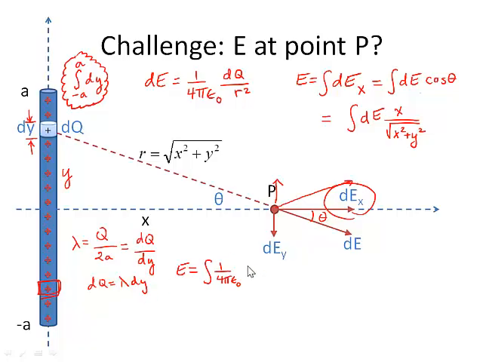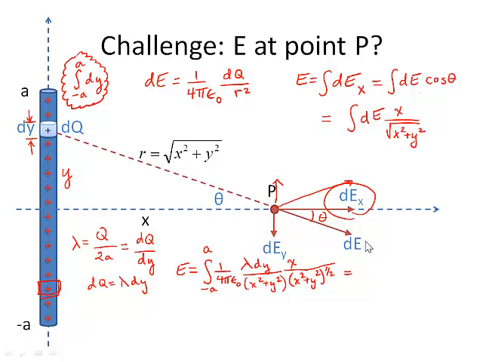So instead of dq, I can write lambda dy. That's going to be over r squared. Since this is r here, r squared is just x squared plus y squared. Now we can't forget the cosine theta term, so that becomes x over x squared plus y squared to the 1/2. I should add in my limits of integration, so that's from -a to a, now that we're in terms of dy.